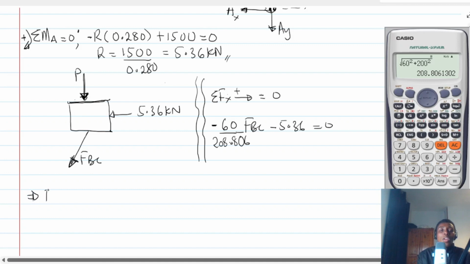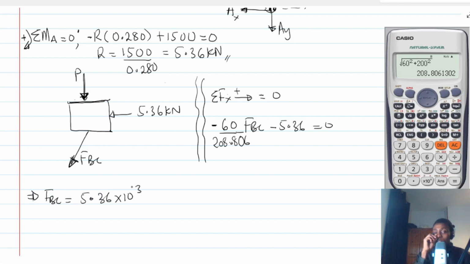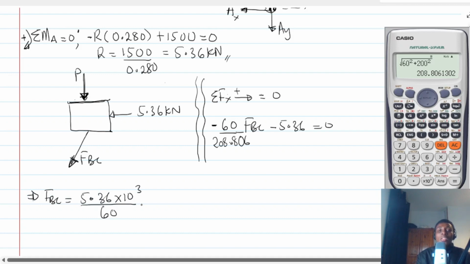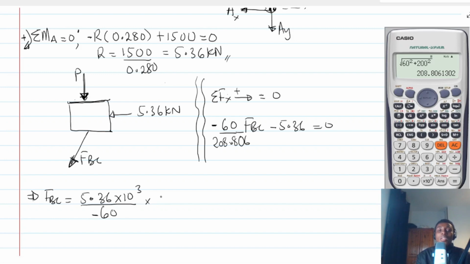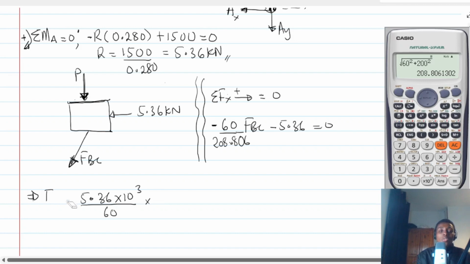Let's solve for FBC, and that's going to give us 5.36 times 10 to the power 3, which is kilonewton, divided by 60, and then multiply by, okay, there is a negative sign here, so the whole of this is going to be negative.